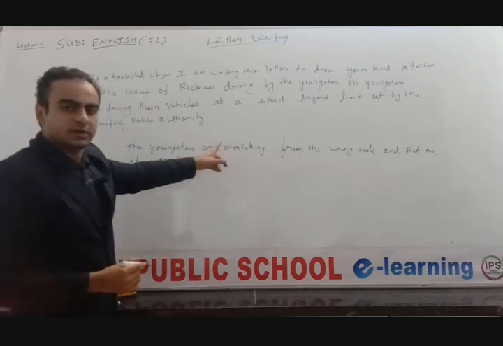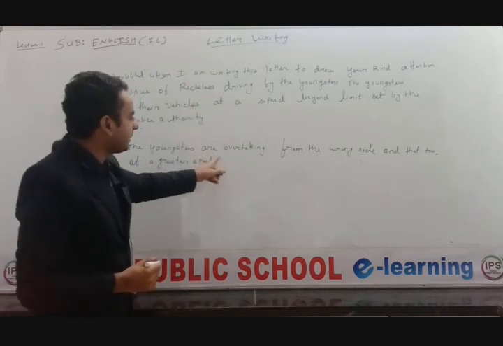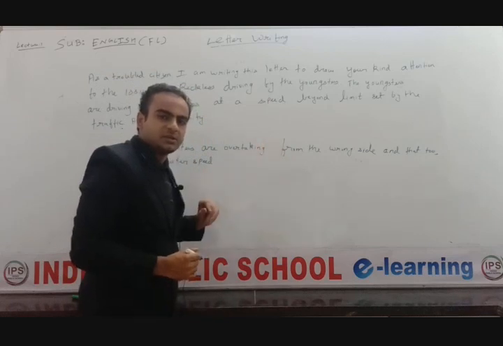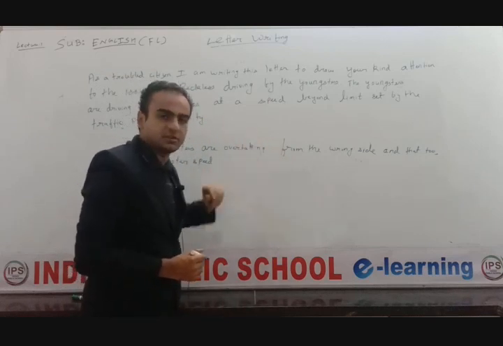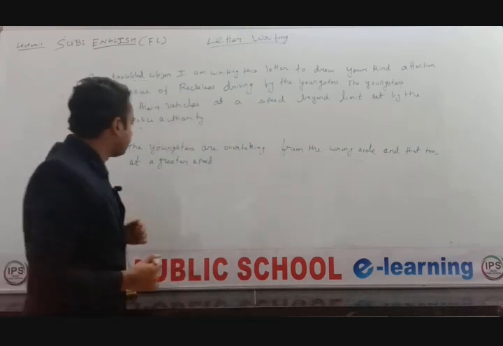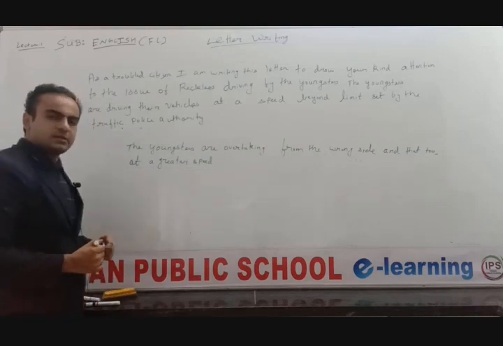You do face these issues, right? Everyone has faced these issues, so you can understand what the letter is about. Overtaking from the wrong side obviously creates hindrance, creates issues, brings risk to the citizens at a greater speed. Again, elaborate something. The youngsters are overtaking from the wrong side, and that too at a greater speed.